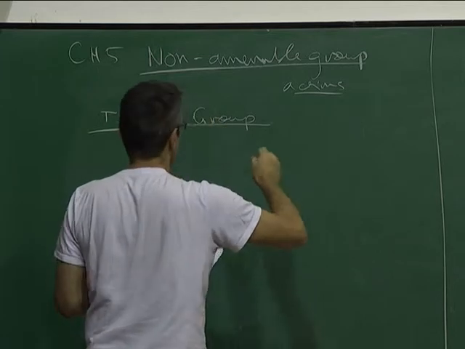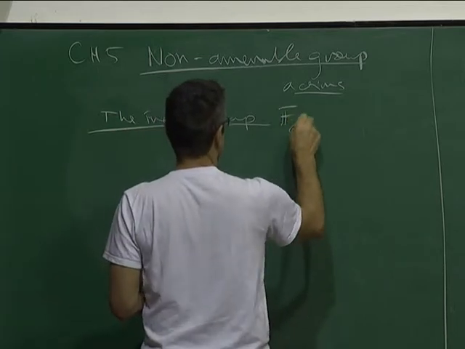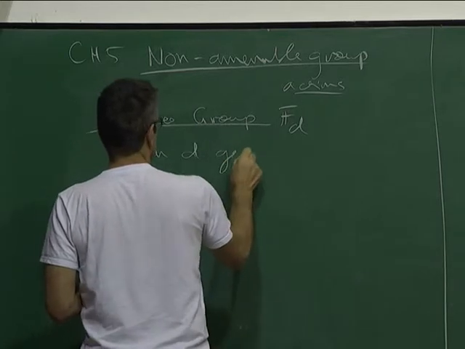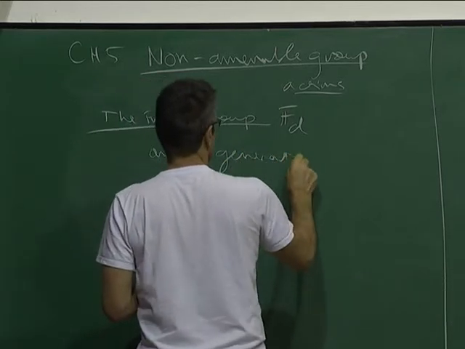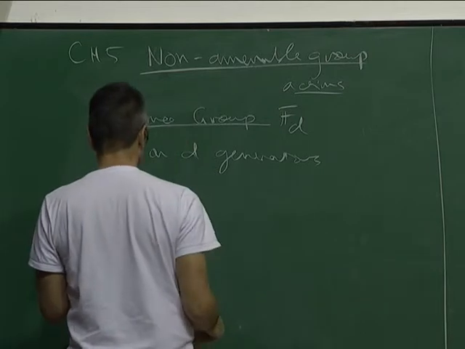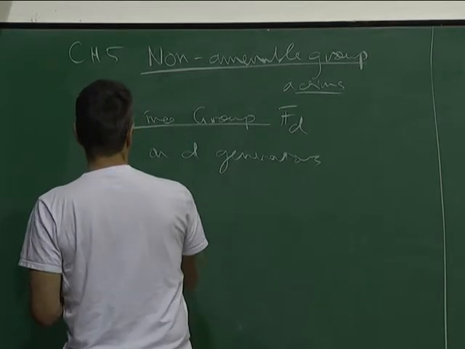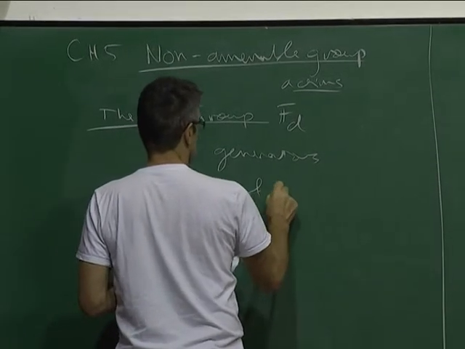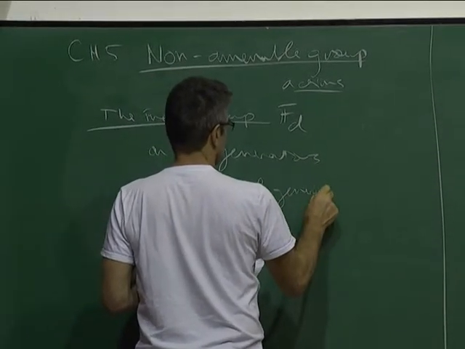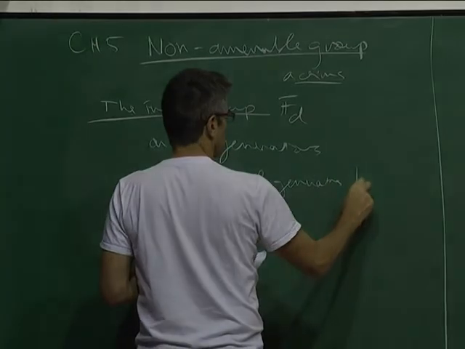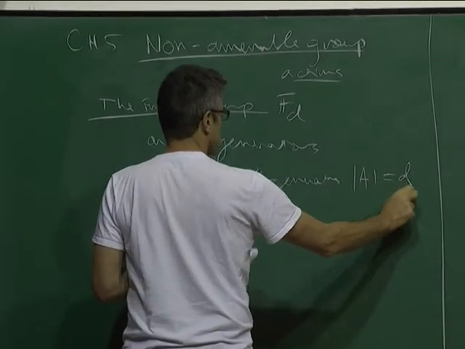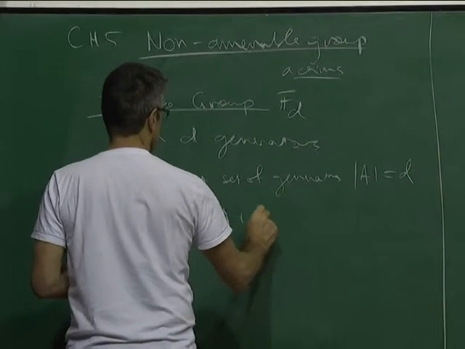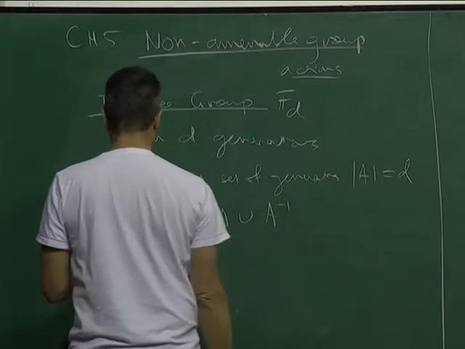The free group, which is written F_d on d generators: take A, the set of generators, with the cardinality of A being d, and we'll let S be A union A inverse.